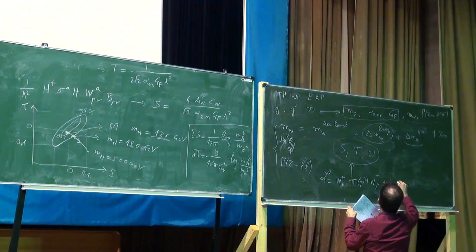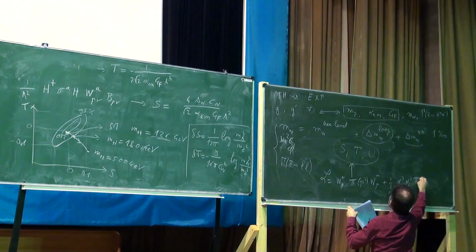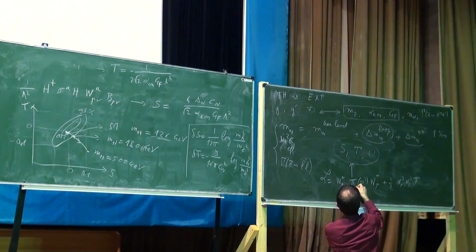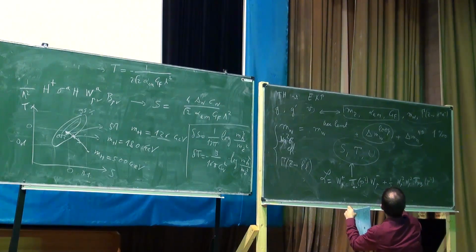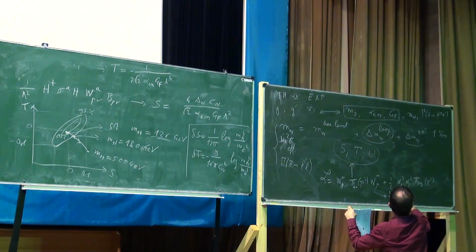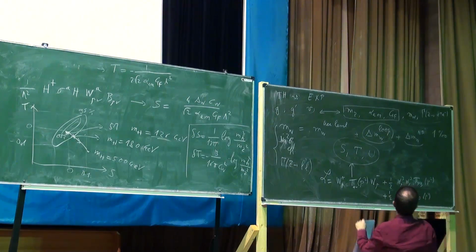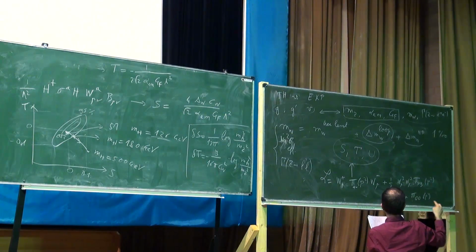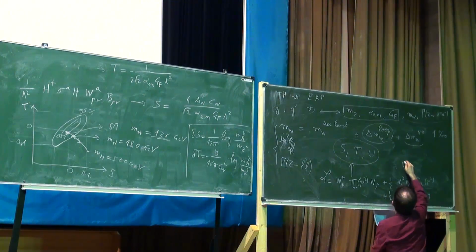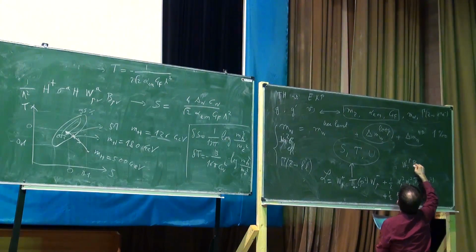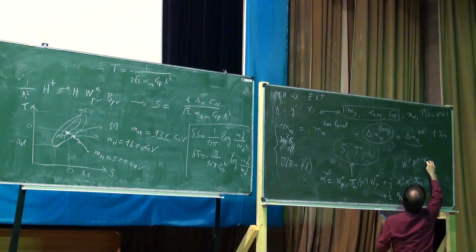and the same thing for W3 and B, so it's plus 1/2 of W3 Π_33(p²) for W3, and I have the same thing for the B, Π_00(p²), and then you can also have this mixing between W3 and B, which is W3_μ B^μ times Π_30.